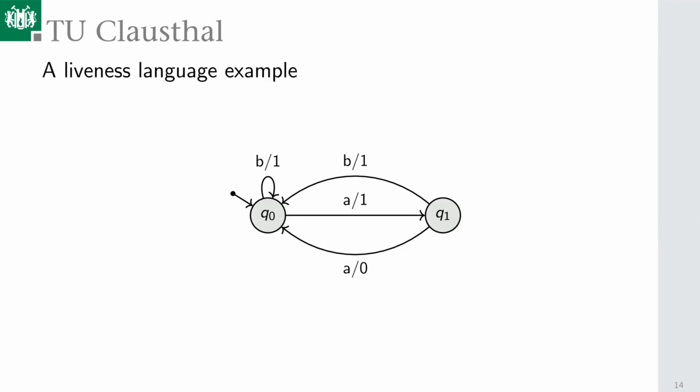The automaton shown here accepts those words over the alphabet consisting of the letters A and B for which infinitely often two A's occur successively. This is because the only way for a run to visit a transition with color 0 is when two A's have been seen in a row.